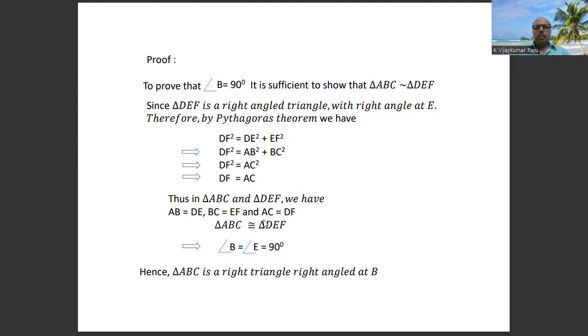Because they are congruent, angle B must be equal to angle E. But angle E is equal to 90. That means angle B is also 90. So, therefore, triangle ABC is a right triangle, right angled at B. Okay. So that's how we prove the converse of the Pythagoras theorem.